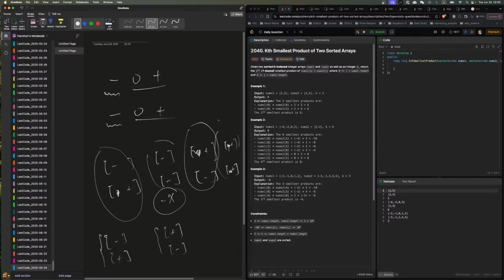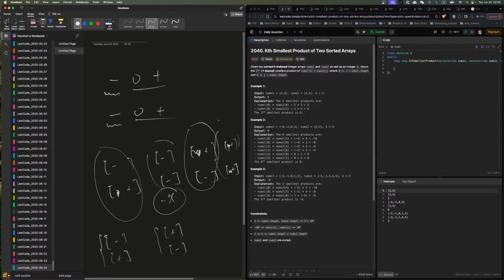Plus, when we do a negative and a positive, right? Finding the k smallest is essentially the same as finding the k largest.